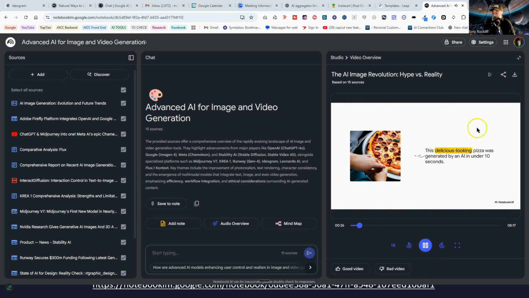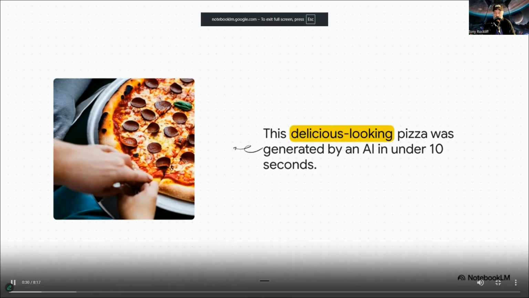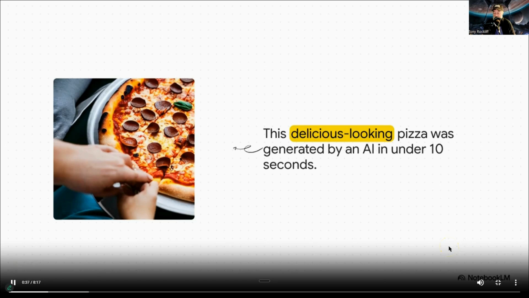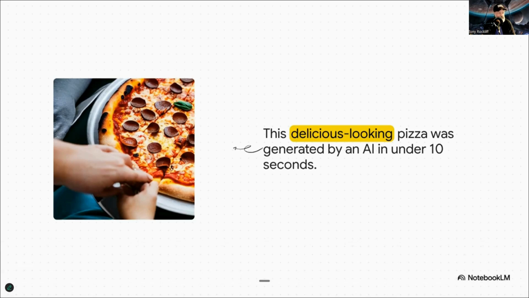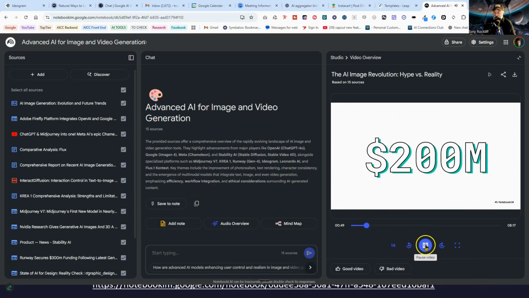Seems like a pretty decent food photo, something you'd see in a magazine. Well, surprise. This entire image, the cheese, the pepperoni, the lighting, all of it was created by an AI in less than 10 seconds. This is the kind of quality we're dealing with now. It's a massive leap from those weird, distorted, nightmare-fuel images from just a few years ago. And believe me, this isn't some niche hobby for tech nerds.